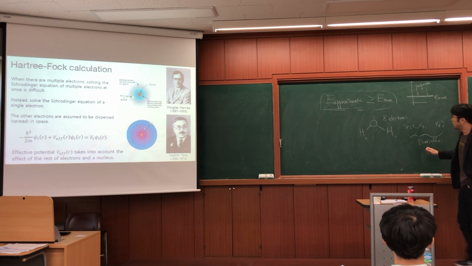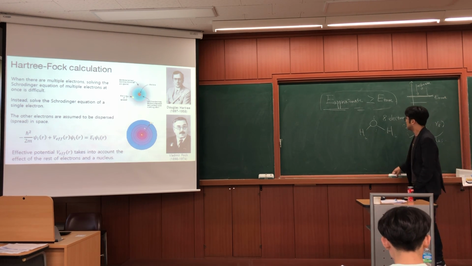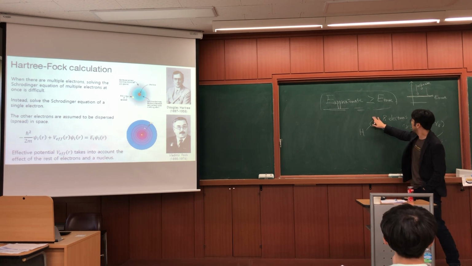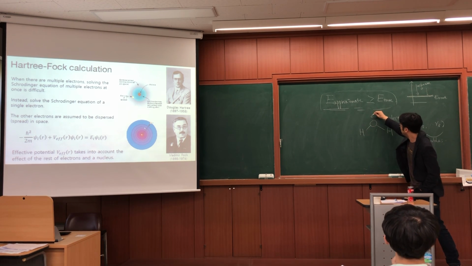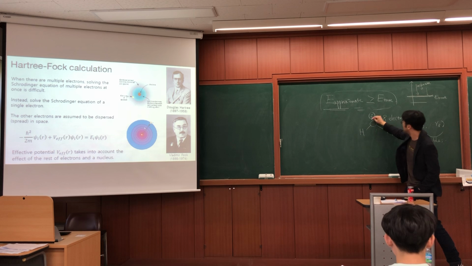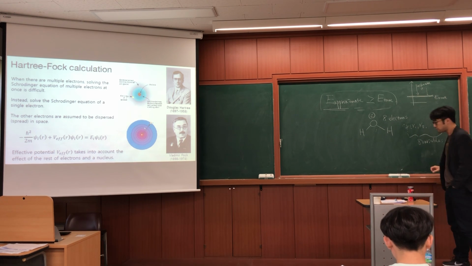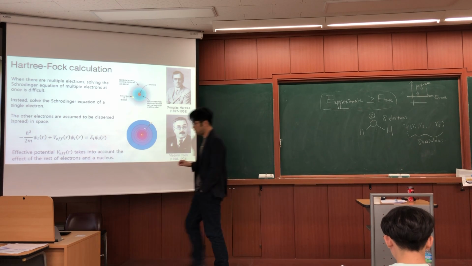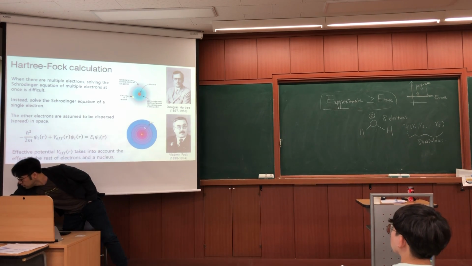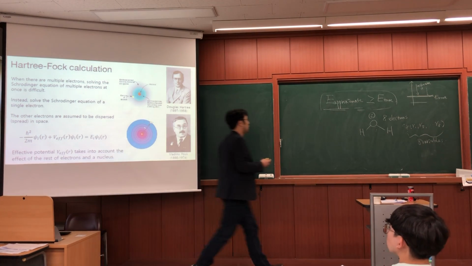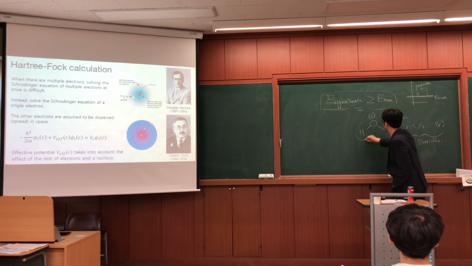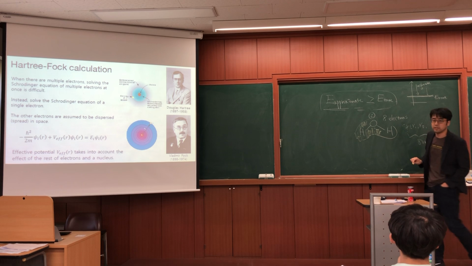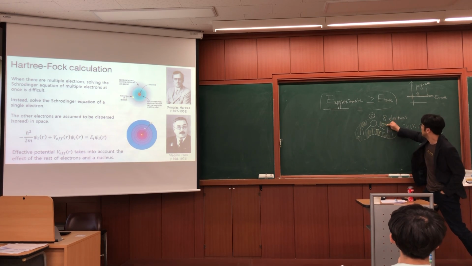So how do we solve it? In the Hartree-Fock calculation, we assume that we are interested in only one electron at a time. And what about the rest of the 7 electrons? We assume that the other 7 electrons are just dispersed, spread over the space.